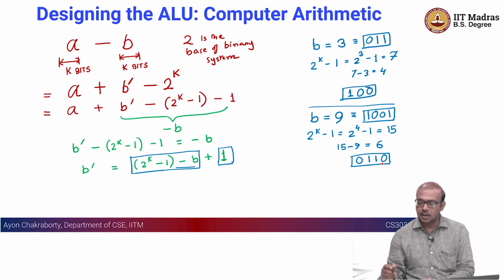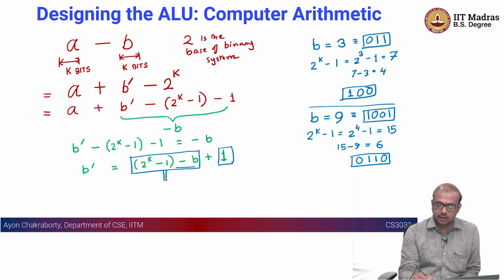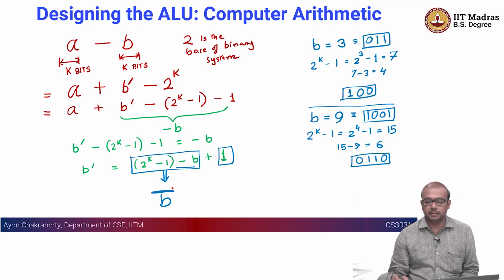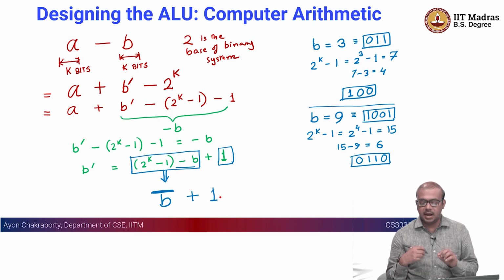Okay, so this is a major observation: this is nothing but B's complement. Then you add a 1. If you look at books, they'll directly call this a 2's complement. They'll not really get into the details of exactly why this works and so on.